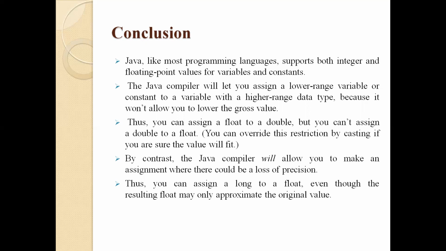Thus, you can assign a float to a double, but you can't assign a double to a float. You can override this restriction by casting if you are sure the value will fit. By contrast, the Java compiler will allow you to make an assignment where there could be a loss of precision, so you can assign a long to a float even though the resulting float may only approximate the original value.